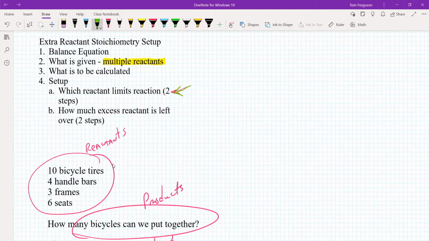But particularly stoichiometry. A higher percentage of topics in first semester 400 is stoichiometry. So if you can do these, you will be well prepared for success in Chem 400.